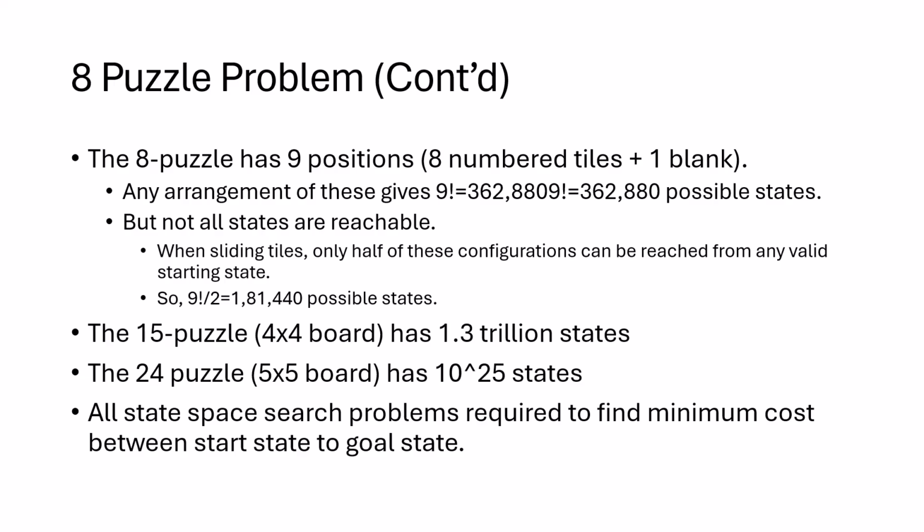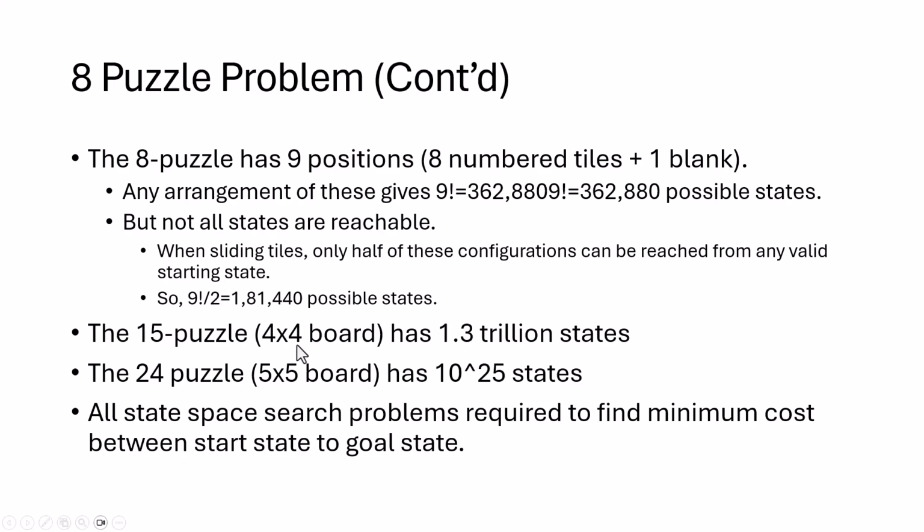Okay, you cannot reach all the states because of something which is called parity. So we are not discussing parity here, but you can understand only half of those states are reachable from any starting state. So 9 factorial divided by 2, 181,440 possible states from any valid starting state, which is searchable using modern computers.